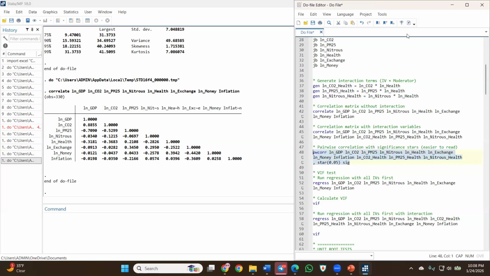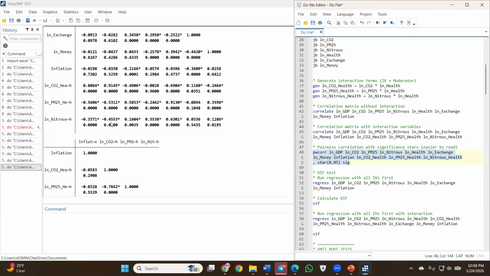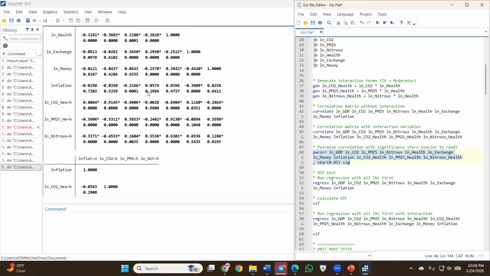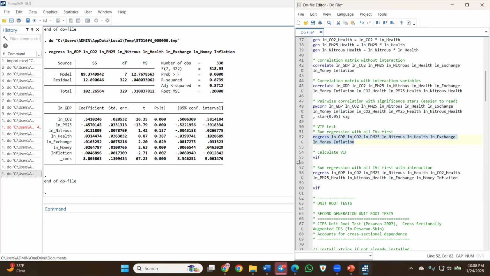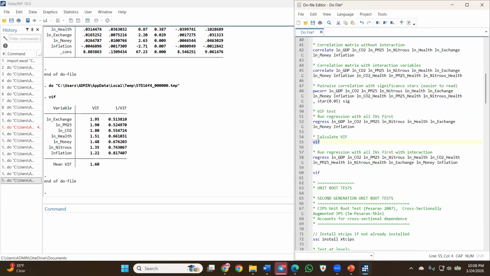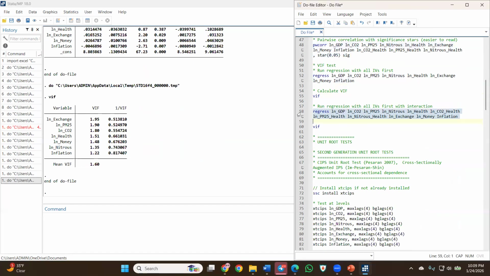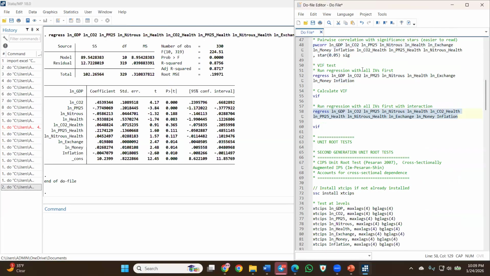It tests whether the relationship is significant or not. And then we did VIF tests. We said that the VIF is used to test for multicollinearity among the variables, and that if it is above 10, you need to address it.